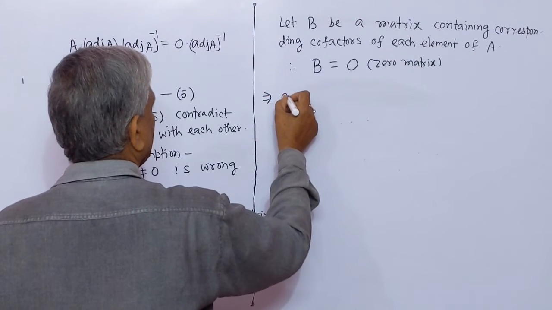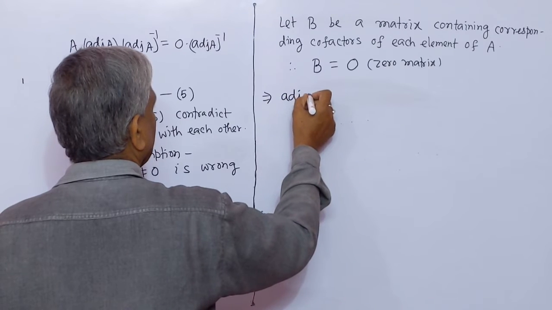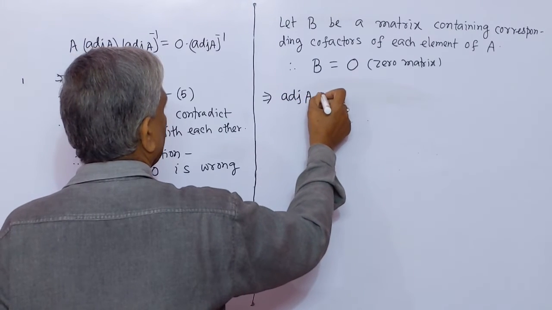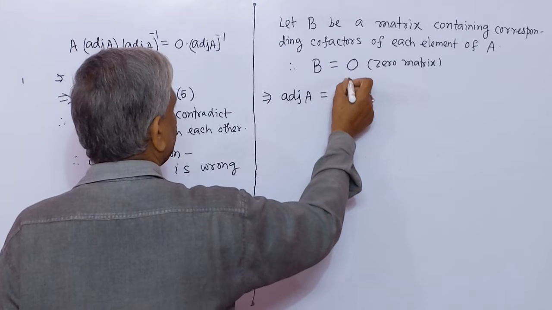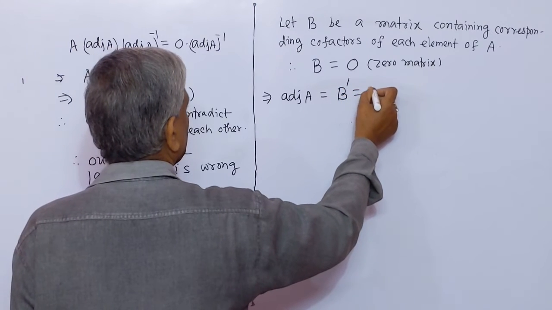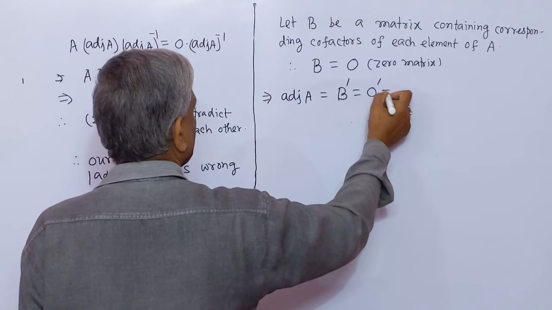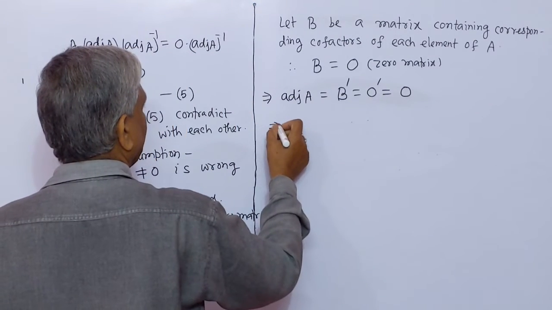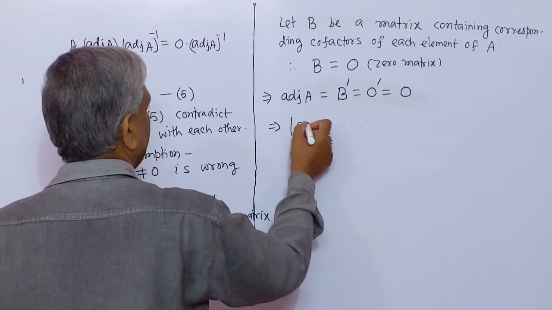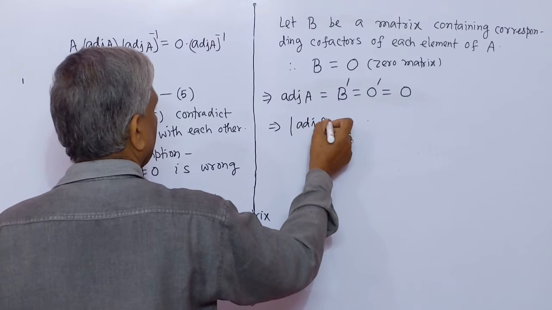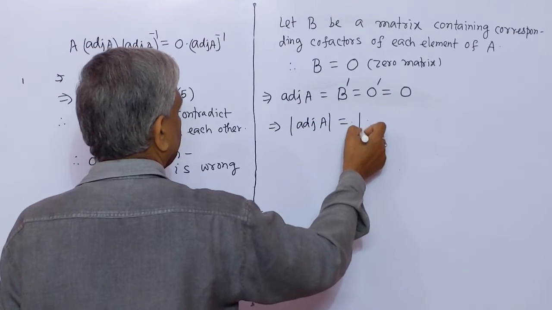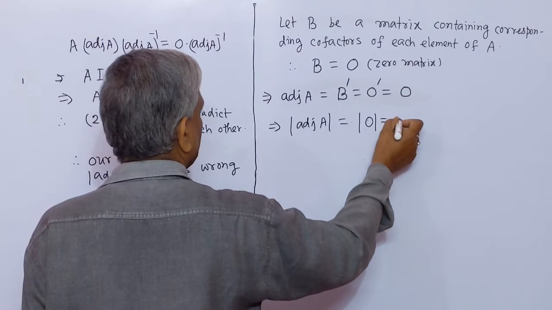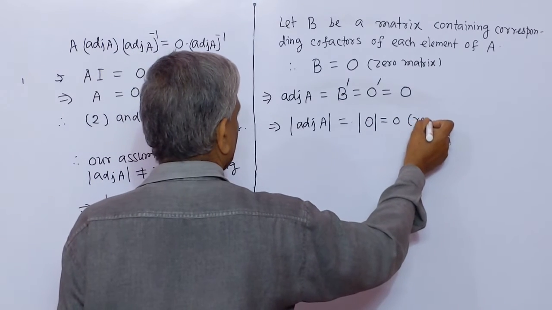Implies that adjoint A equal to transpose of B equal to transpose of 0 matrix is 0. Implies that determinant of adjoint A equal to determinant of 0 matrix equal to 0 real number.